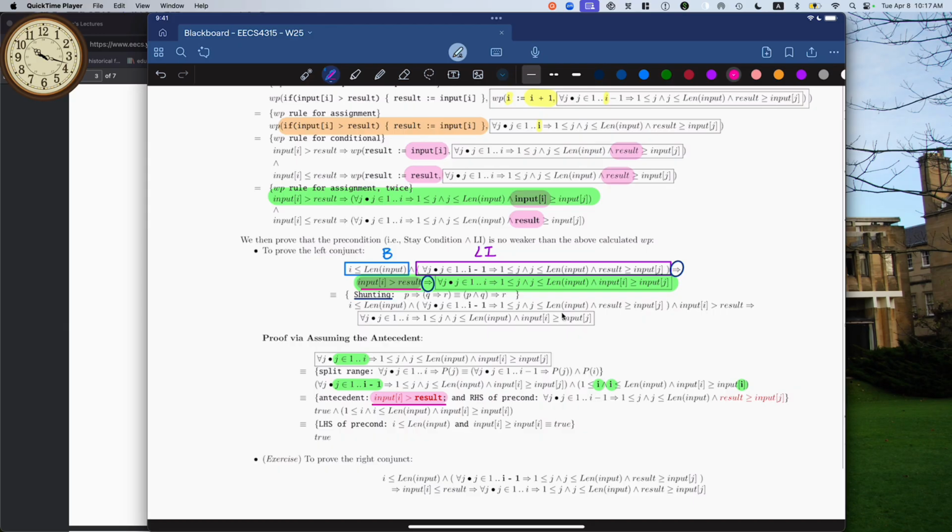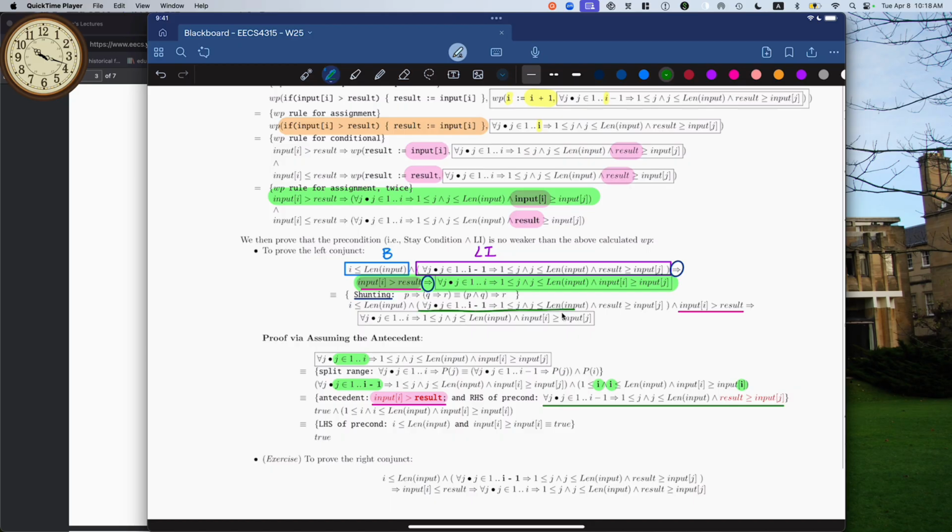So it's input I larger than result right here, right? We're just using one of the antecedents we assume. So there's one thing you have to consider. Another thing you want to consider is this whole thing over here. Okay, for that one there, you can see it is going to be right here.